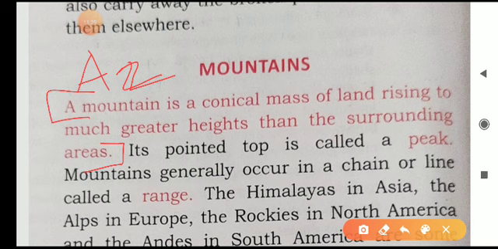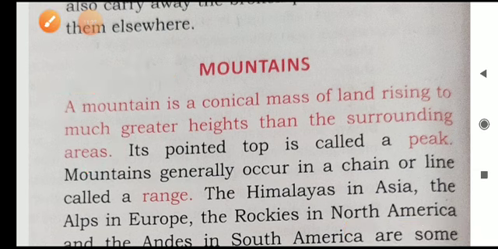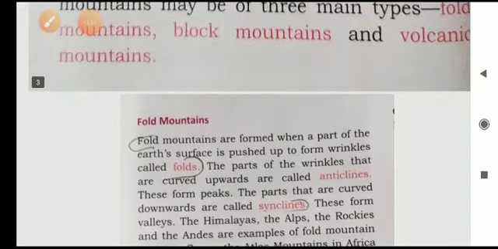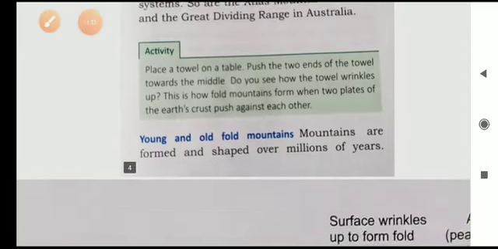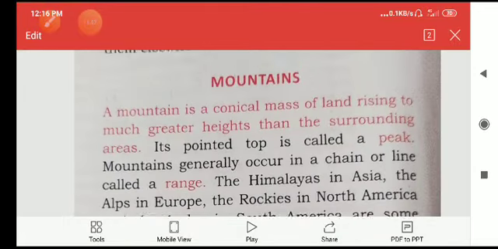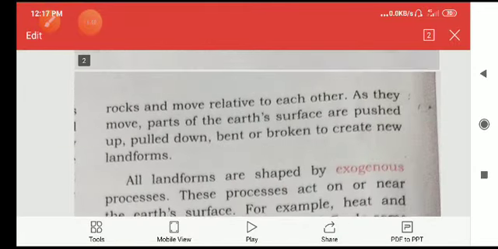Now we can do question B, distinguish between exogenous and endogenous processes. Answer is on page number 10. The left side last paragraph and the right side second paragraph also we need.